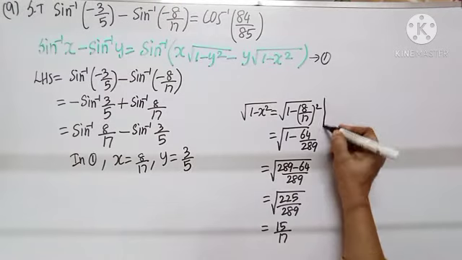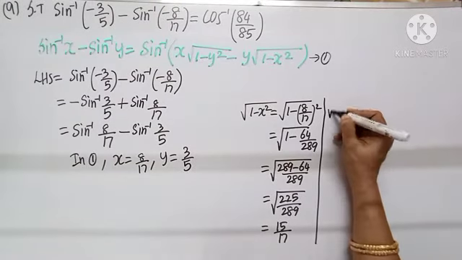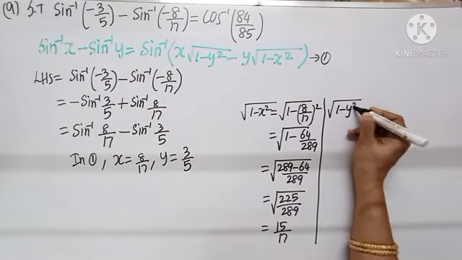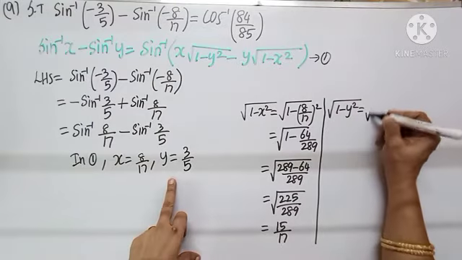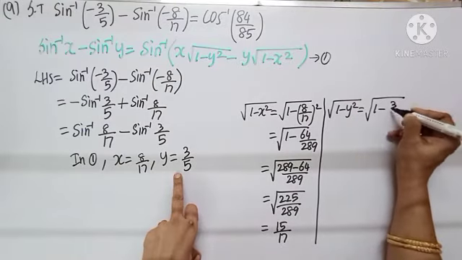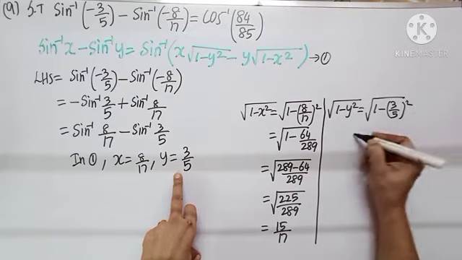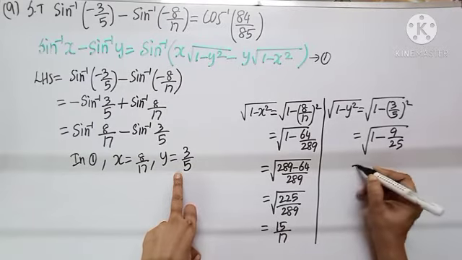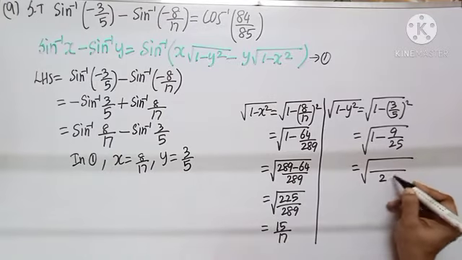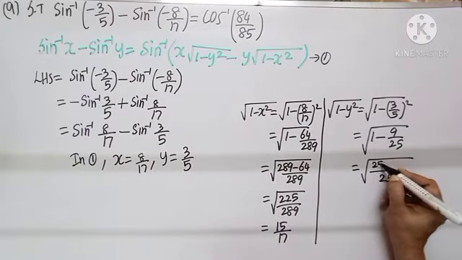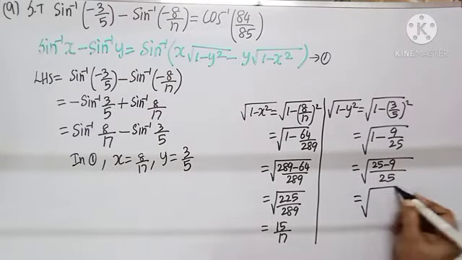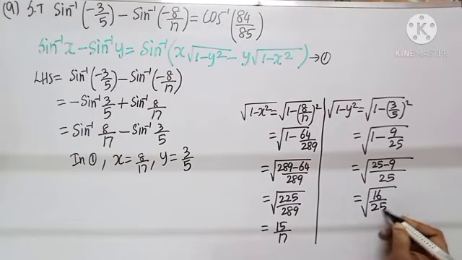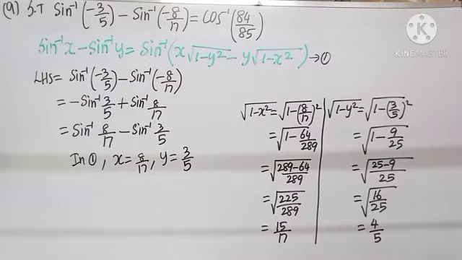Same pattern, find out what is root of 1 minus y square. It is root of 1 minus 3 by 5 the whole square. Root of 1 minus 9 by 25. Root of 25 is the LCM, cross multiply. 25 minus 9 can be written as 16 by 25 or 4 by 5 is the answer.